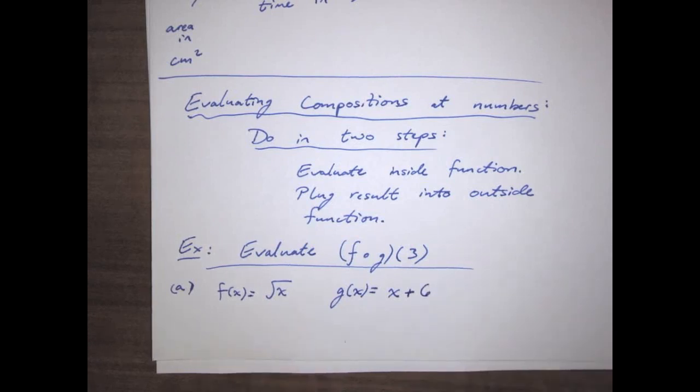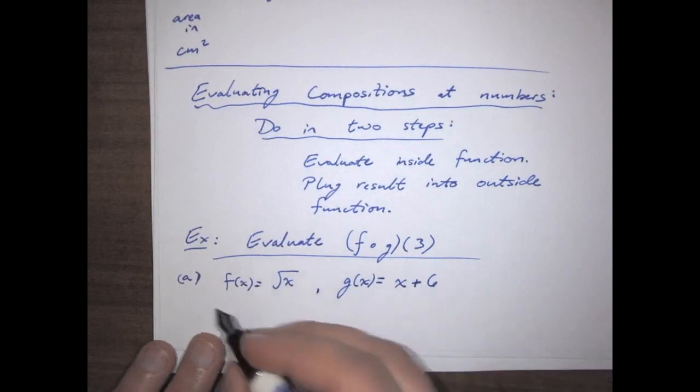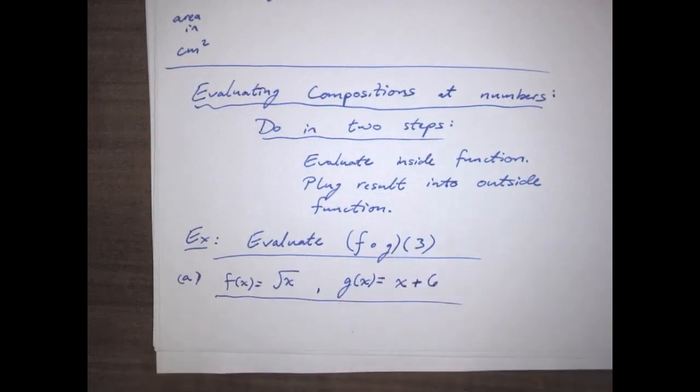Now let's try to think about what it would mean. F composed with g evaluated at 3. Well, the inside function here is the one that's closest to the number, and that's the g. So step 1 here is going to be to evaluate the inside function, and then step 2 is going to be to take the result of that and put that into the outside function.